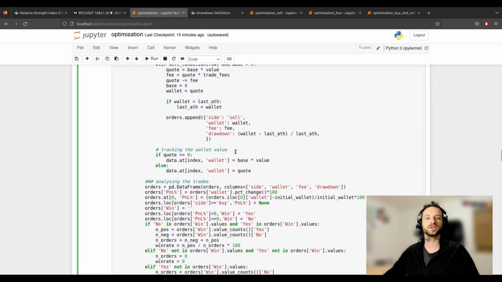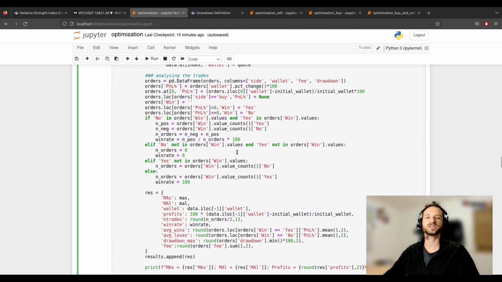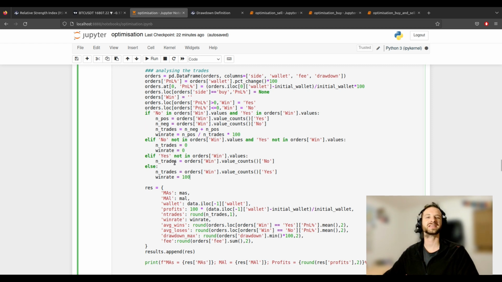Okay, moving on to the rest of the code, we get to the part where we are saving all the results. I can understand that this looks quite intimidating. This is the part where I compute the necessary details to then compute some of the metrics I believe are important when judging a trading strategy. Essentially at this point, we compute the P&L, so the profit and loss.